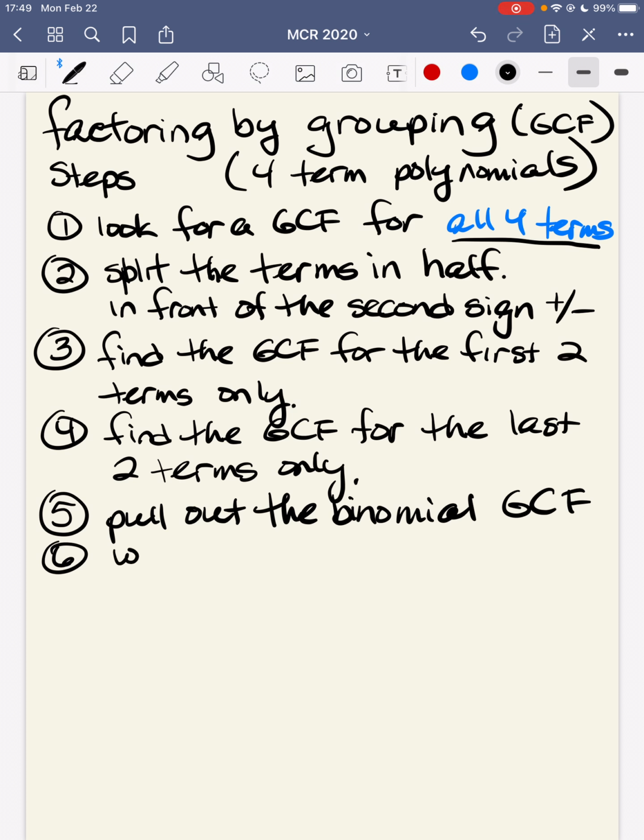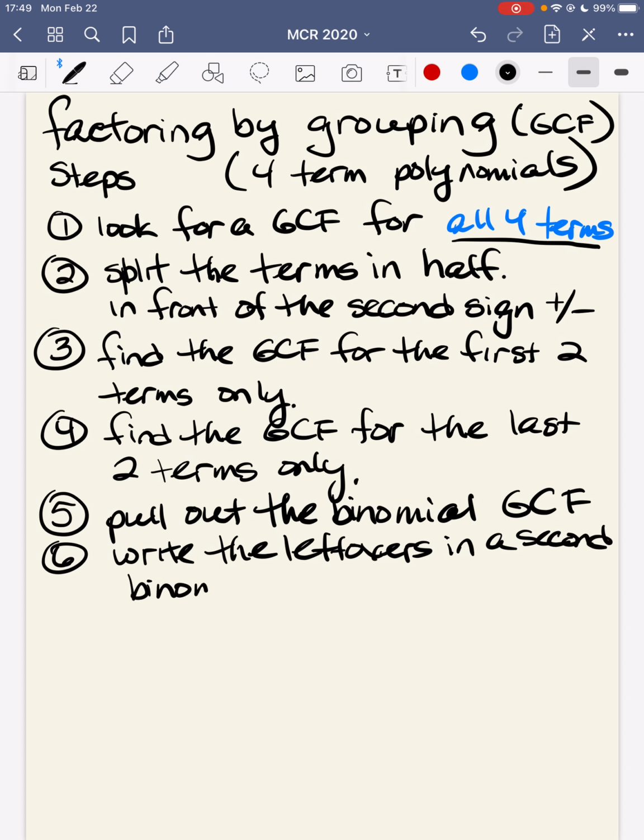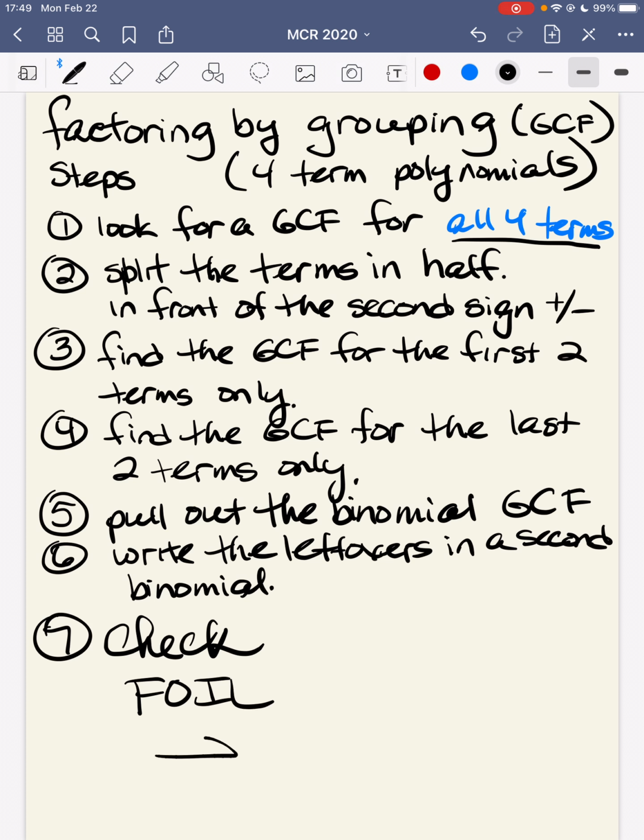And then we're going to write the leftovers. I hate to call them leftovers, but they kind of are, in a second binomial. And our last step is we're going to check by FOIL. And what we should do is get back to our original 4 terms.